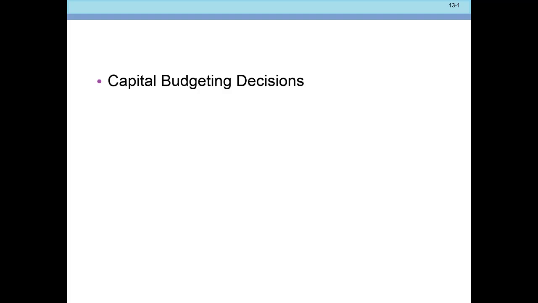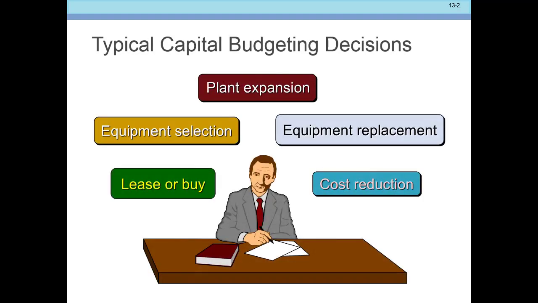Okay, so let's go ahead and take a look at these capital budgeting decisions. Again, these are when we're dealing with long-term things, not just a current year. We're talking about purchasing equipment, replacing equipment, whether we should lease or buy equipment or a building, our plant expansion, and making an investment for cost reduction purposes.